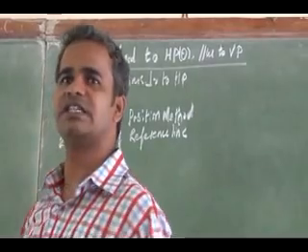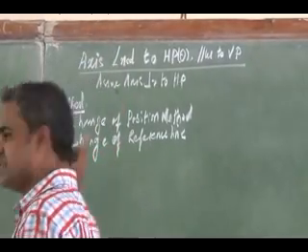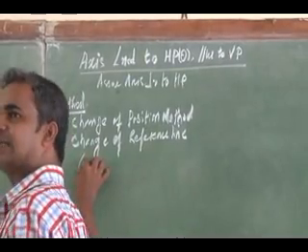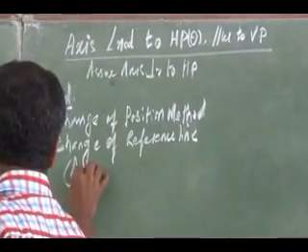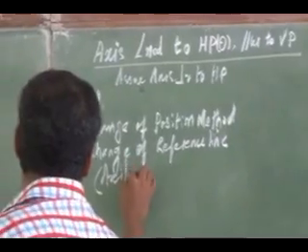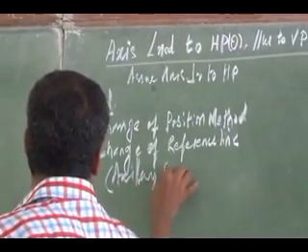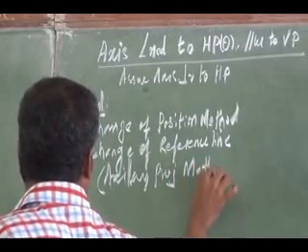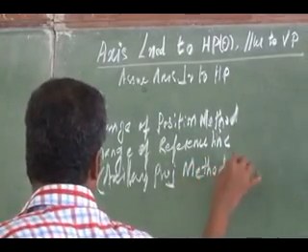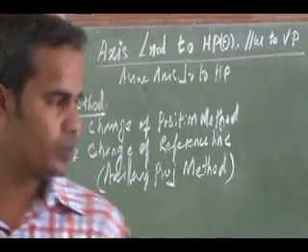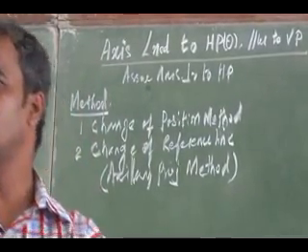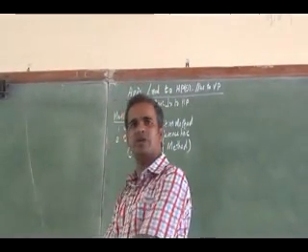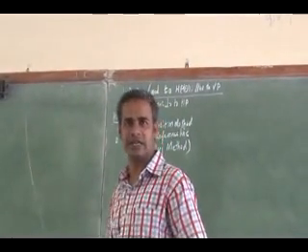This change of reference line method is also known as the auxiliary projection method, right? I have two methods. Mostly we will be using the change of position method in projection of solids. What the change of reference line method is, I will tell.